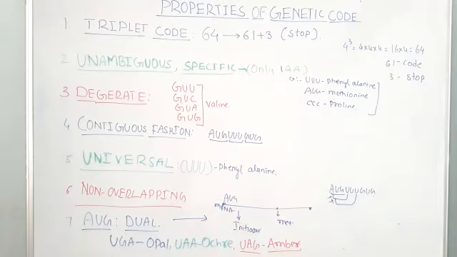So this is the first property: genetic code is a triplet code. Next comes, genetic code is unambiguous and specific. Unambiguous refers to there being no confusion, it is very clear, no doubt, that a single amino acid is coded by a single triplet code.